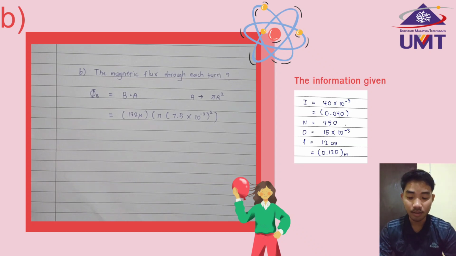Press the calculator and we get the magnetic flux through each turn as 3.33 times 10 to the negative 8, and the unit of the magnetic flux is Tesla times meter squared.